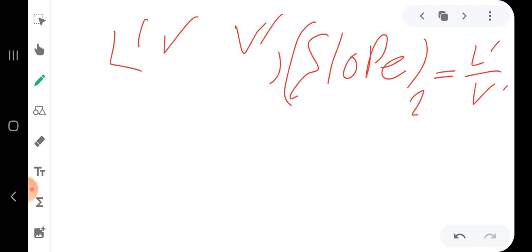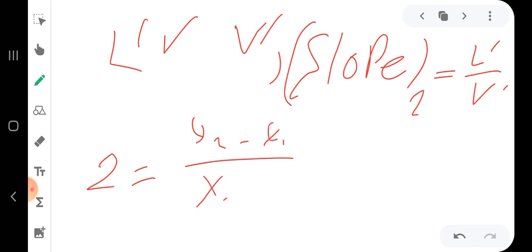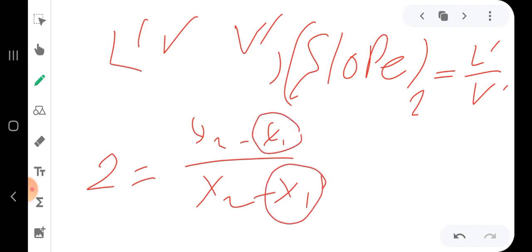And once we know the slope, for example, let's say you got the slope equal to 2, you would say that the slope is y2 minus y1 over x2 minus x1. What are y1 and x1? This we will see using the chart.